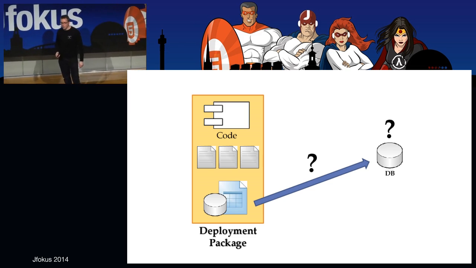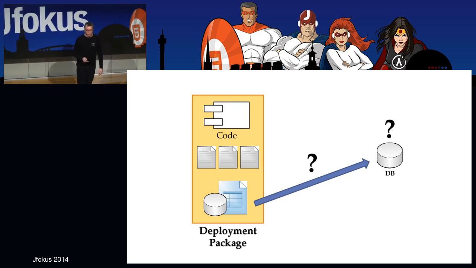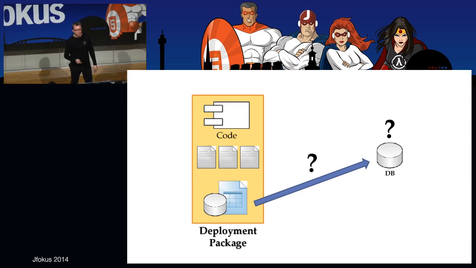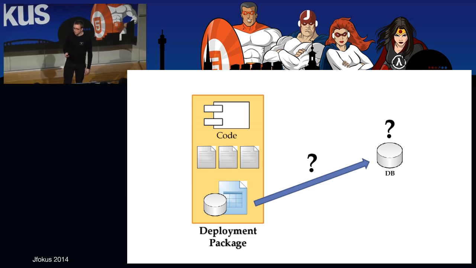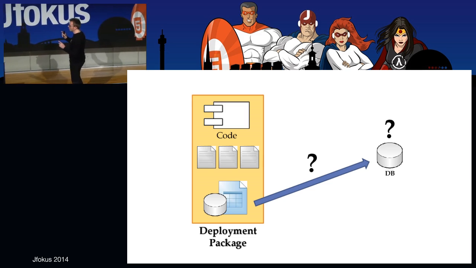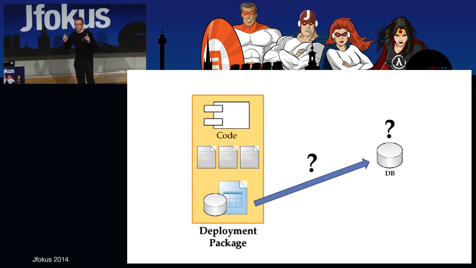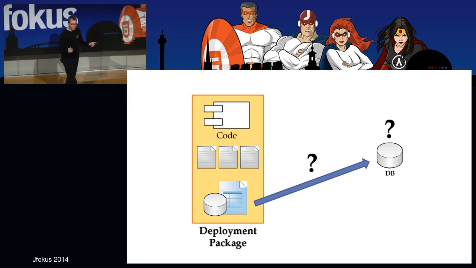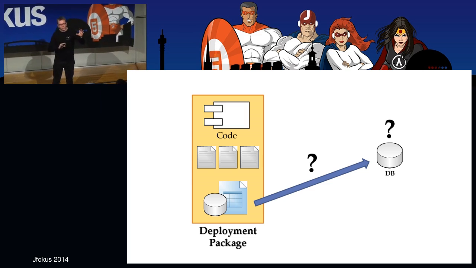But immediately, if we have our database here, we have a number of questions that arise. Question number 1, in what state is my database? What objects are already present there? Which ones are missing? How do I know? How do I have to deal with that?